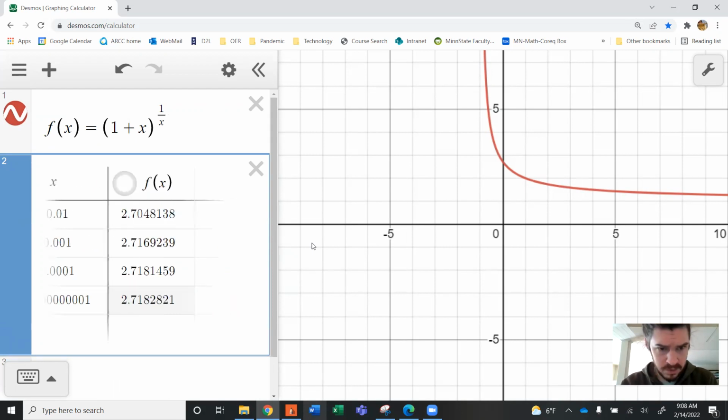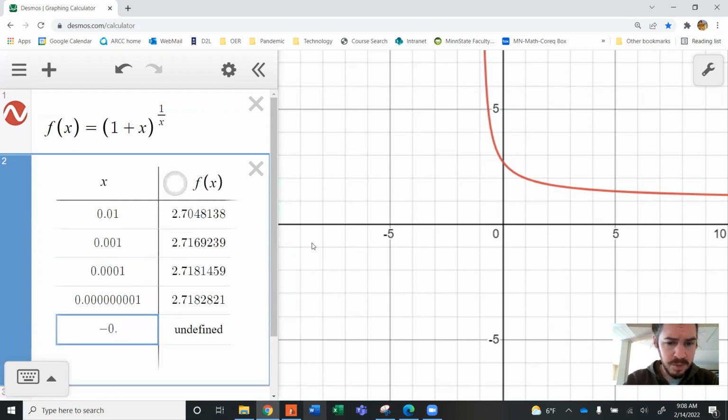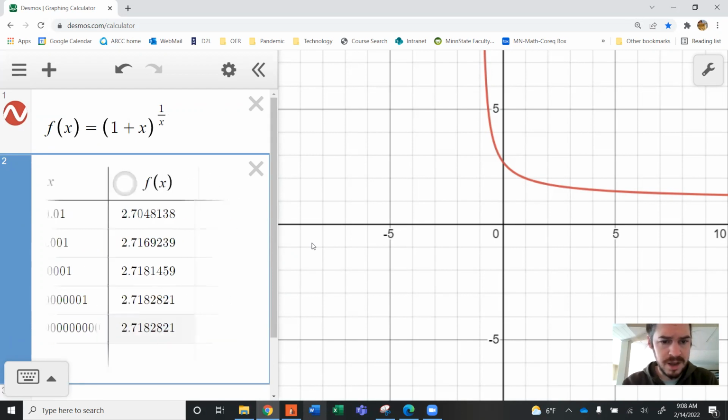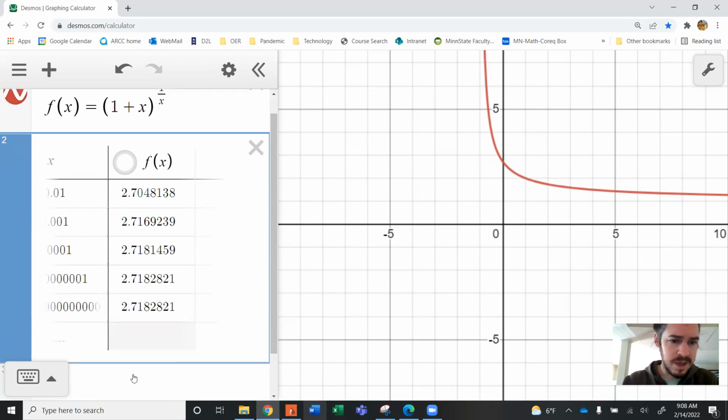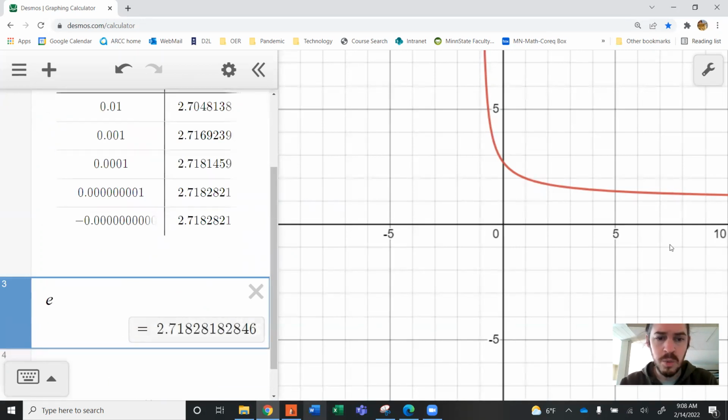2.718281. Okay, we're pretty close. Negative 0.00001, on the other hand, gives us something likewise close. These are about the same value, and the value we're seeing here is e, 2.718281828, and so on.